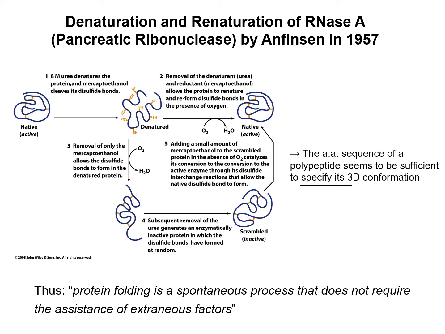In this case, it wasn't sufficient to renature into the active form or native state of the protein, but by adding a little bit more mercaptoethanol to this scrambled or inactive form, he could actually recover the activity of that enzyme, which tells us that the amino acid sequence itself in the polypeptide seems to be sufficient to specify its 3D conformation.